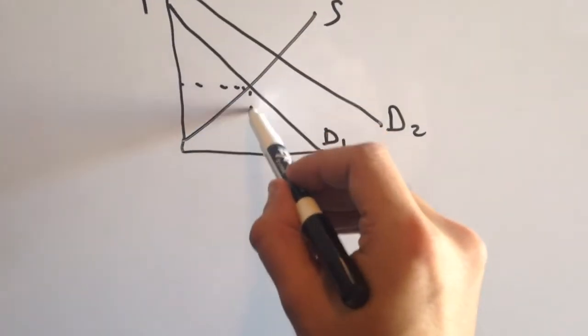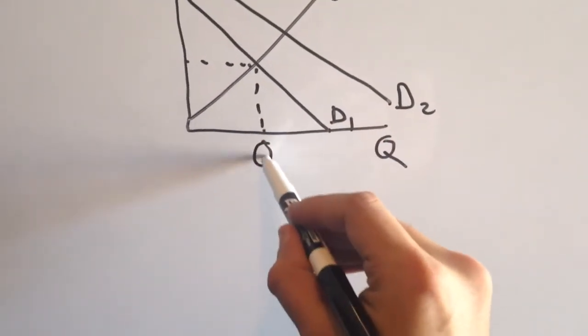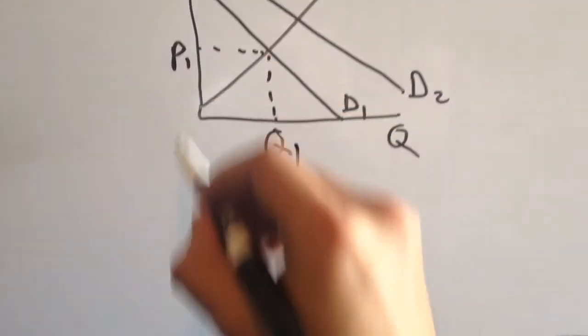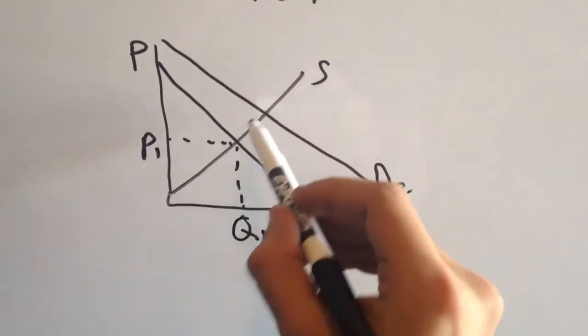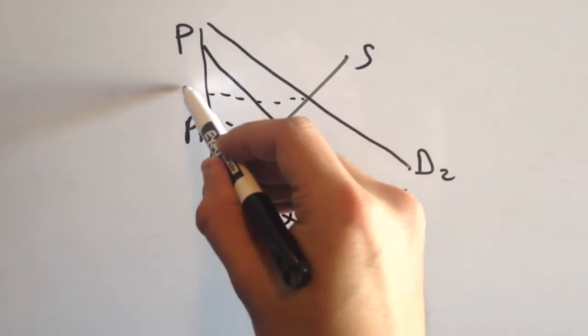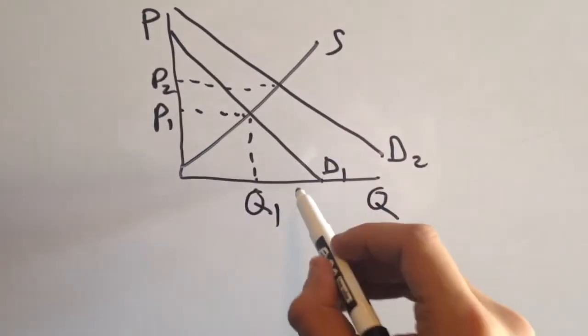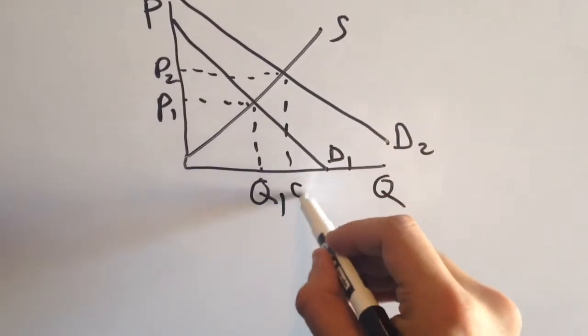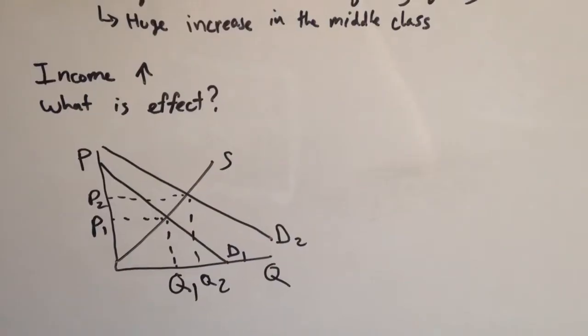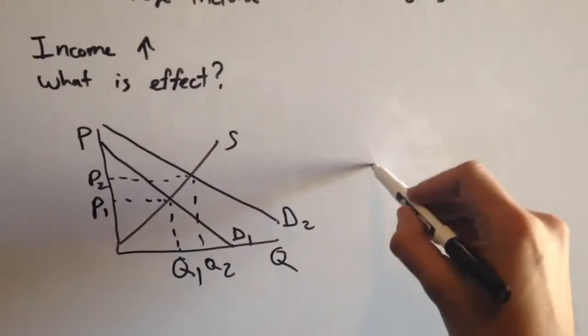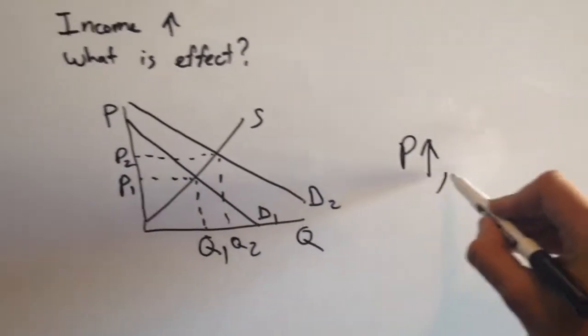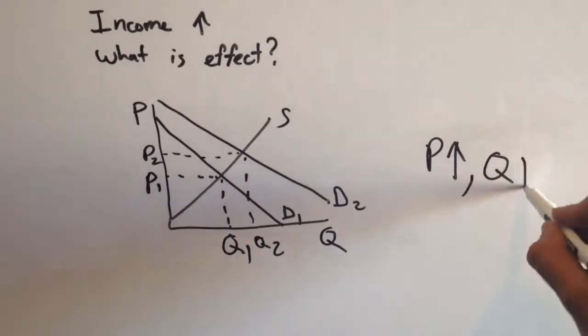And here is our original equilibrium, Q1, P1. And now our new equilibrium is P2, Q2. So the effect of this is that price increased and quantity increased as well.